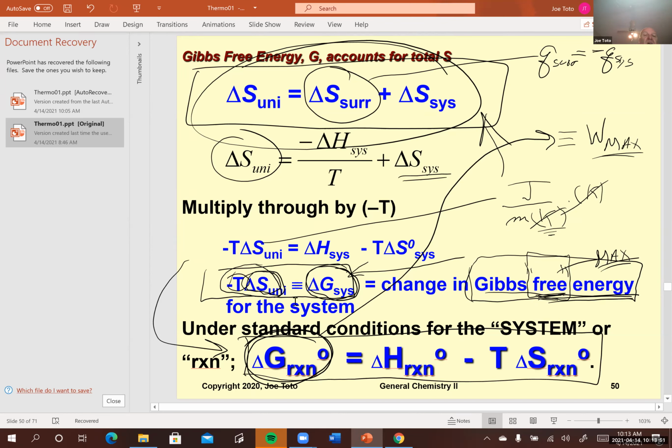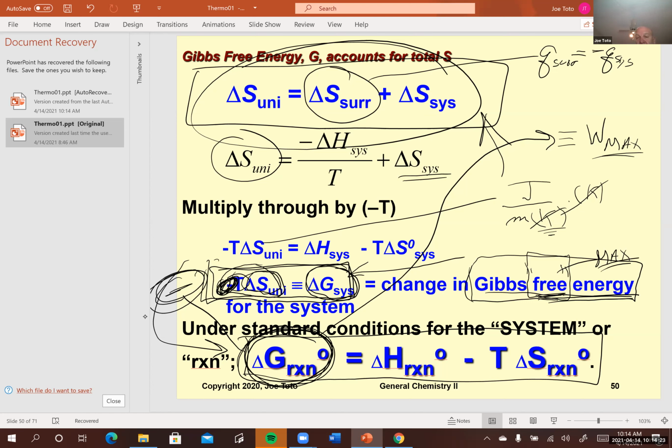And so last time we were just trying to get used to this equation, and we're saying, yeah, so if delta S of the universe is positive, then the process is spontaneous, which means that for that process, the delta G, if it's a reaction, has to be negative. And it's because of the way delta G is defined in terms of the universe. It's got this negative sign right here.